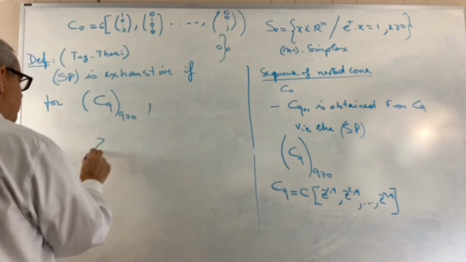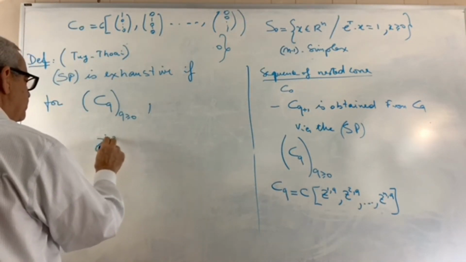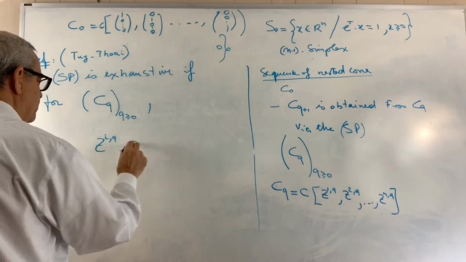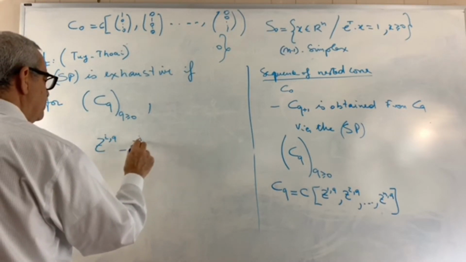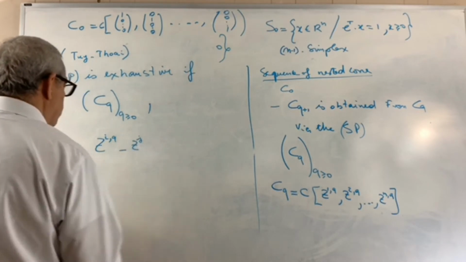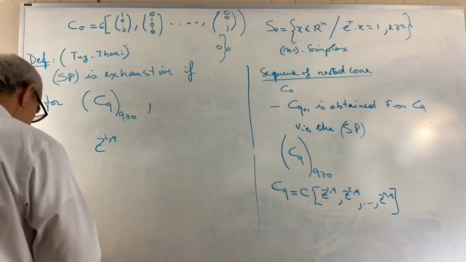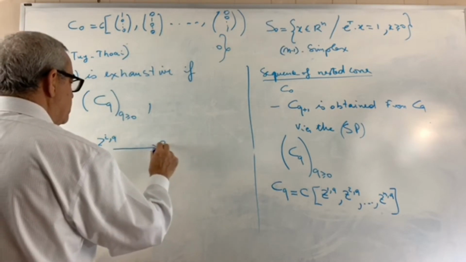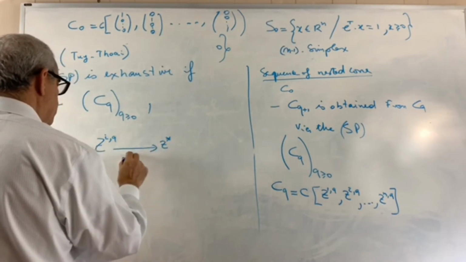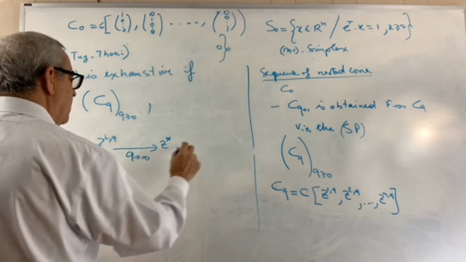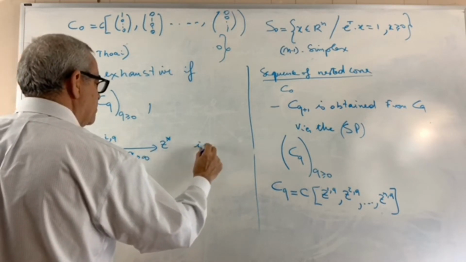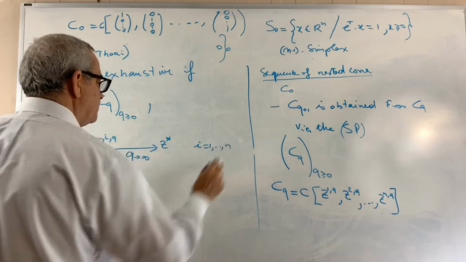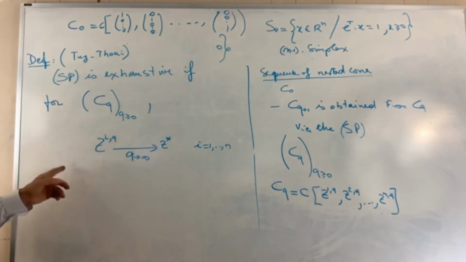we have ZIQ minus ZJQ, I'm sorry, each ZIQ converges to some Z star as Q goes to infinity. And here, this is for I equal 1 till n. Okay, that's what exhaustive means.